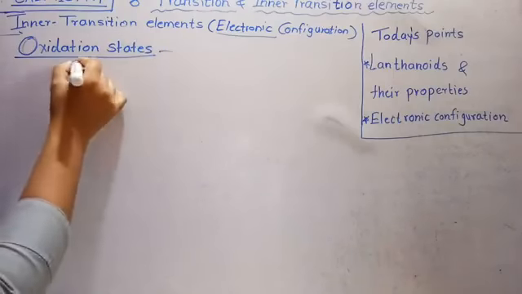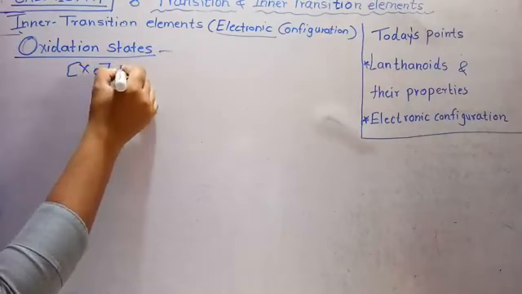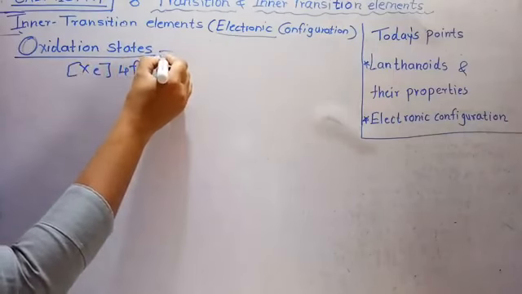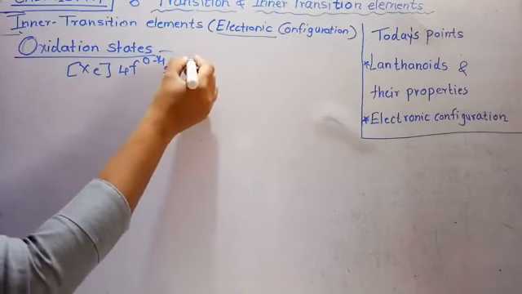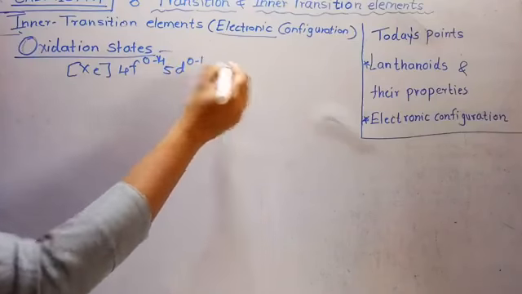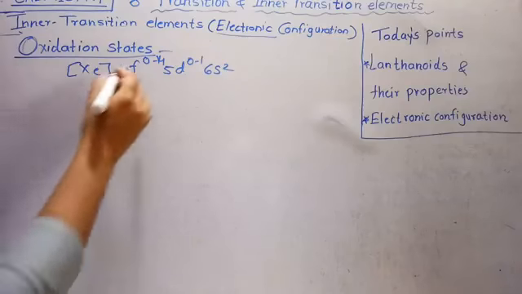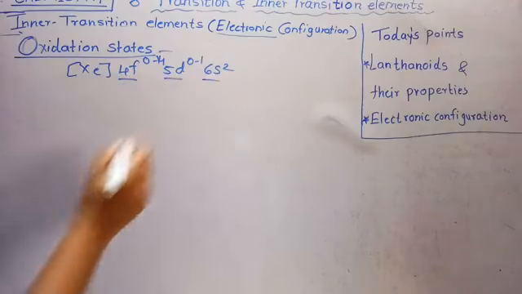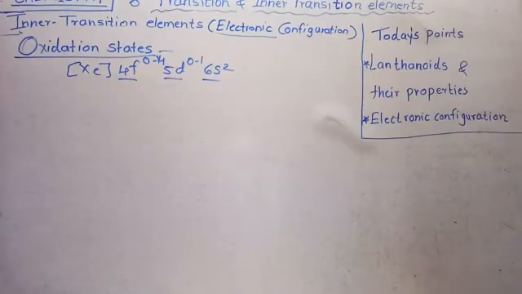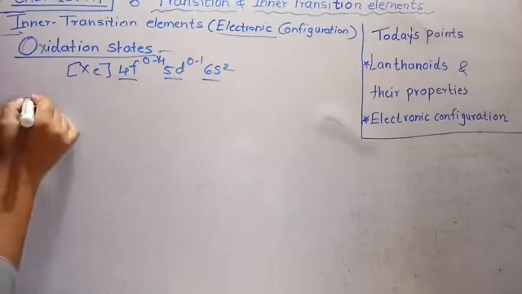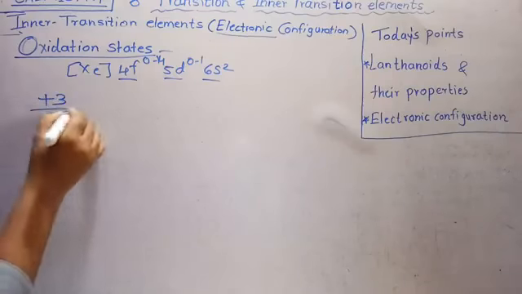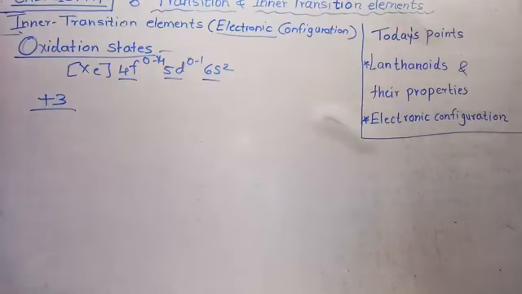Their general electronic configuration is xenon 4f 0 to 14, 5d 0 to 1, 6s2. These are the total electrons present in 4f, 5d and 6s2. The common oxidation state for all the lanthanoids is +3.